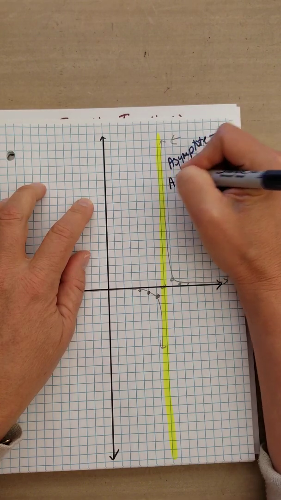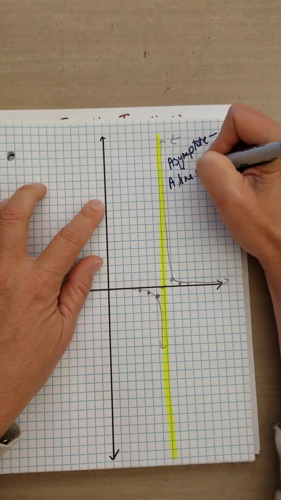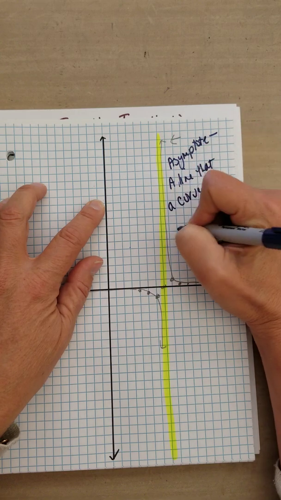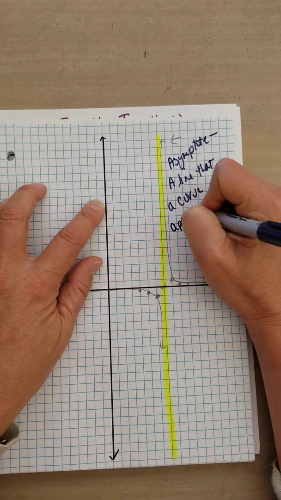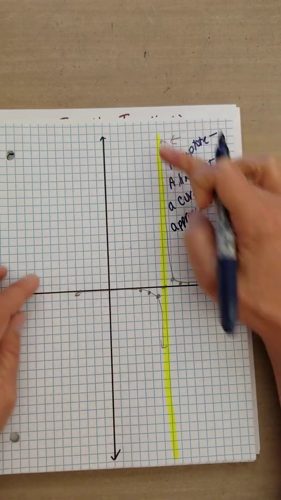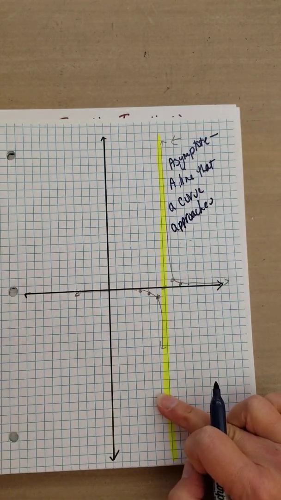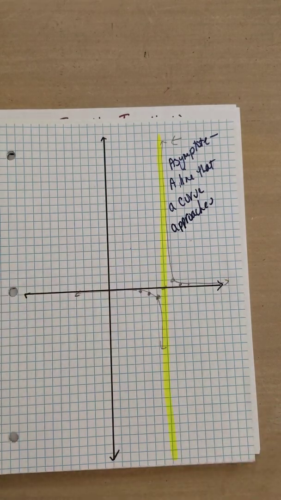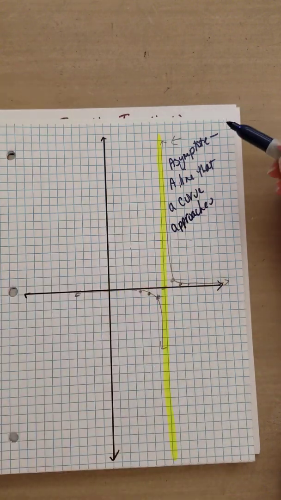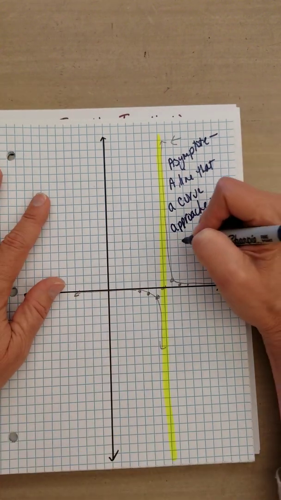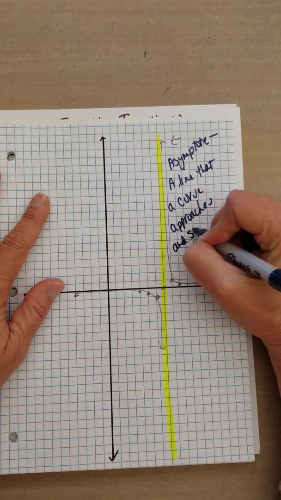This is a line that a curve approaches, because isn't this curve approaching? Now, vertical lines it won't pass through, but sometimes if we have horizontal asymptotes, it will pass through. So what I like to say to cover the whole asymptote thing is to say an asymptote is a line that a curve approaches and sometimes passes through.